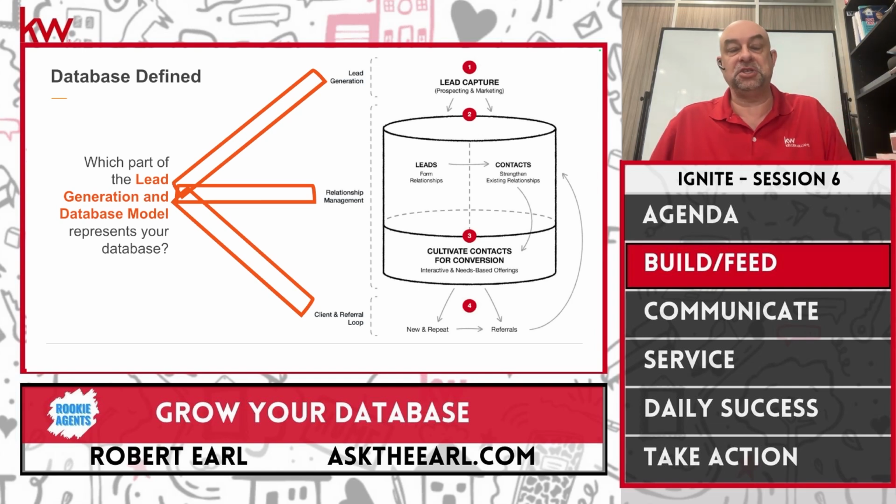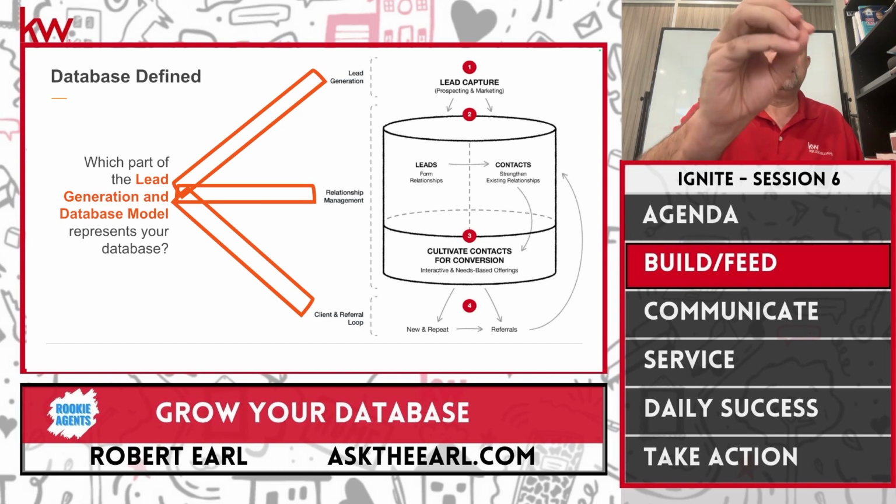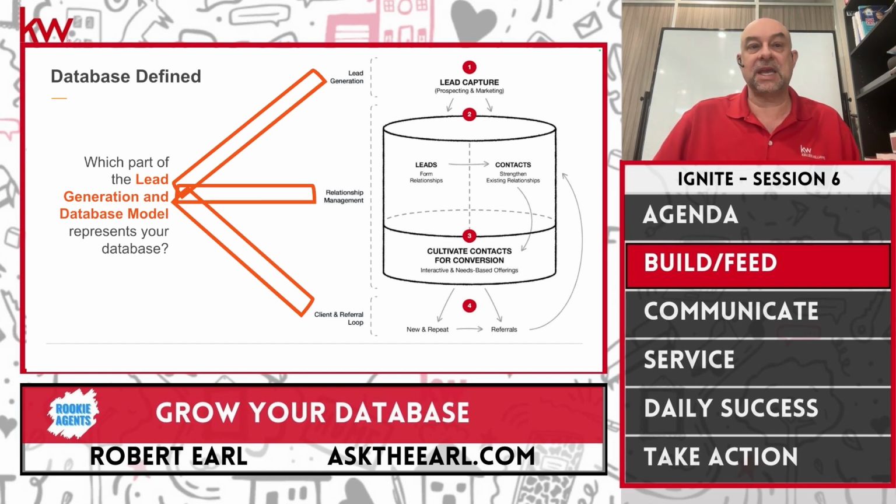Is it somebody that you've known for a period of time? Therefore, they're in the contact section. Are you trying to cultivate them for a conversion because they asked you some information about their house value, those types of things? So go ahead, pause if you need to, and identify a couple of these individuals.